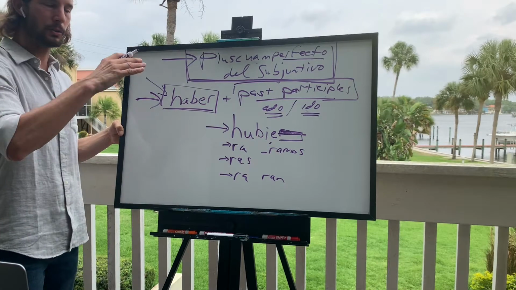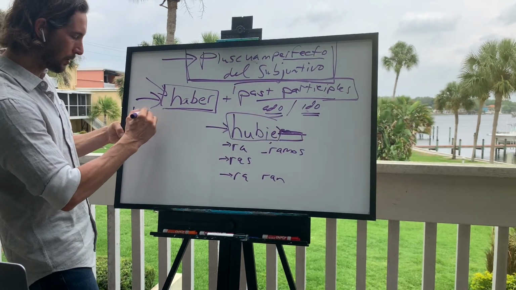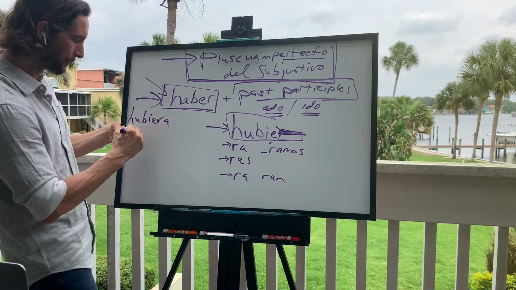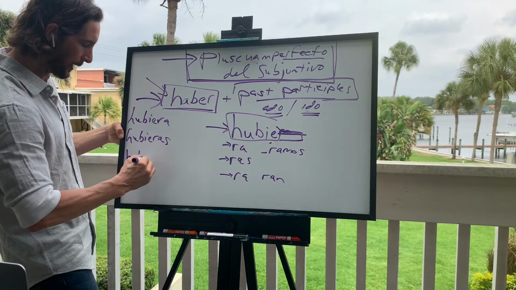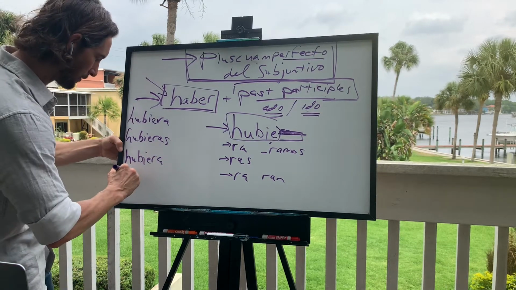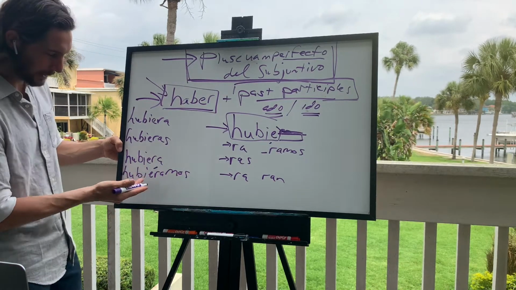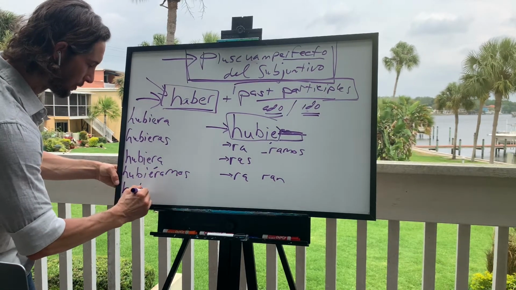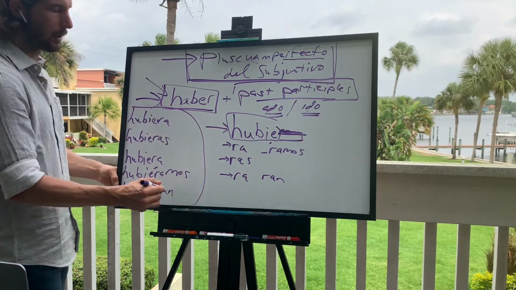We add those to this part of the word, and we get hubiera, hubieras, hubiera, hubiéramos, again with the accent right there, and then hubieran. And so there they all are.